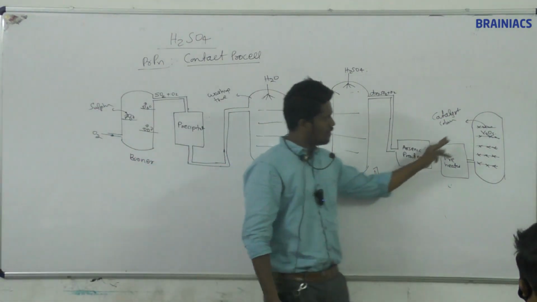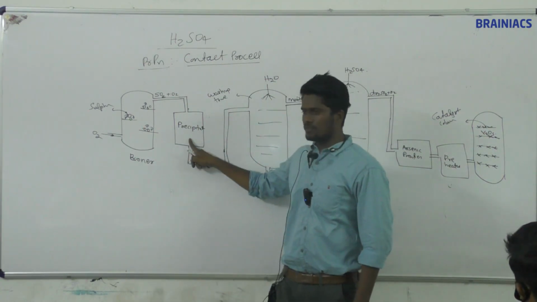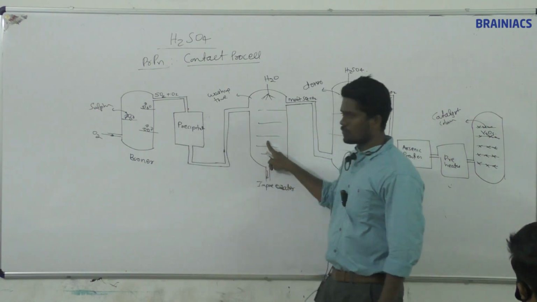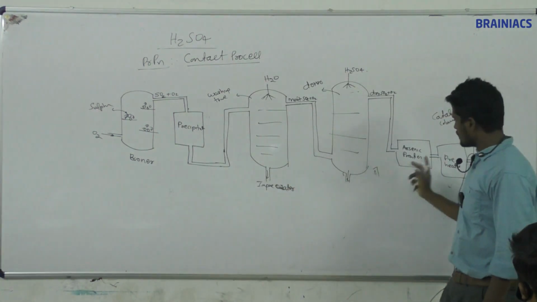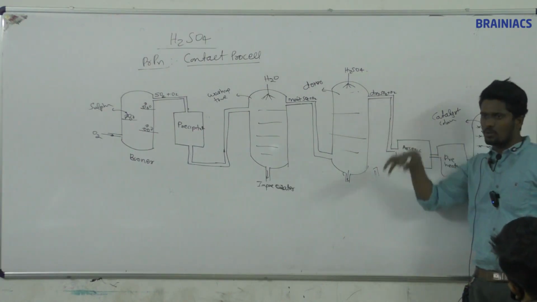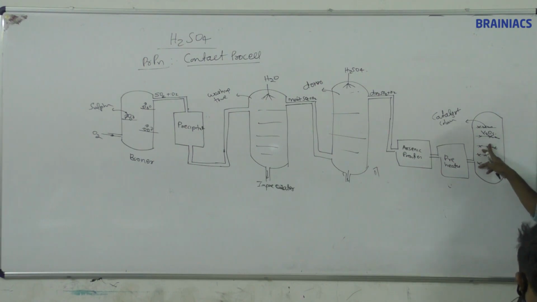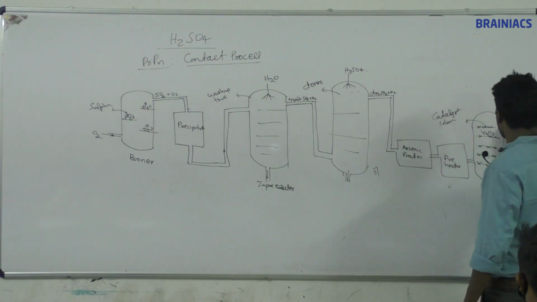Second process, oxidation of SO2 into SO3. But first removal of the solid content, then washing, then drying, then passing through a purifier for the removal of any impurities, and preheating. This is a moist low temperature stream. It preheats and comes into the catalyst column, which contains vanadium pentoxide.